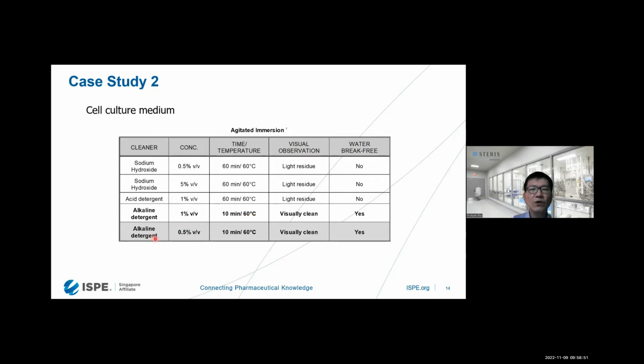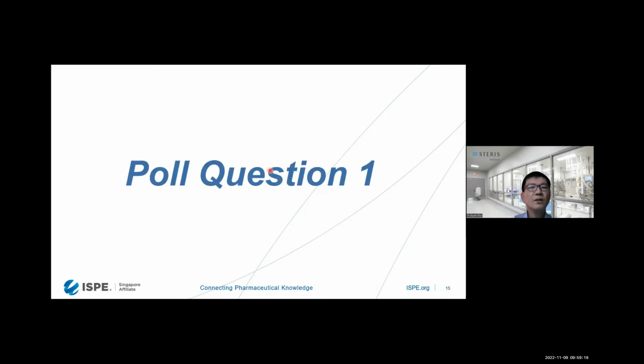And then if you reduce it to 0.5%, it's also effective. So the benefit of this lab-scale study is that it enables you to optimize the cleaning parameters. Although 1% can clean, you can check whether a reduced concentration can be effective as well. So these are the benefits of lab-scale studies on the cleaning of the soil.